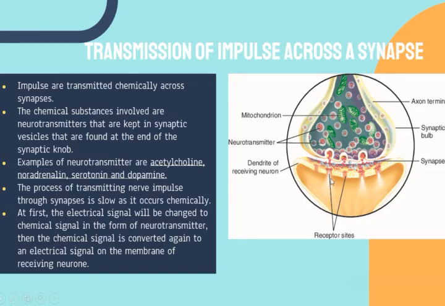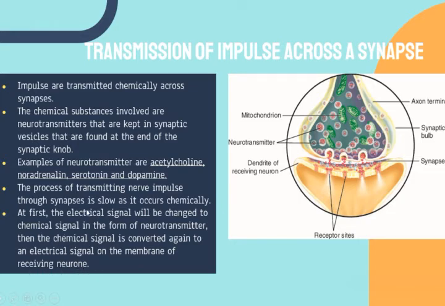Why chemically? Because it involves chemical substance. At first, the electrical signal will be changed to a chemical signal in the form of neurotransmitter. Then the chemical signal is converted again to an electrical signal on the membrane of the receiving neuron.